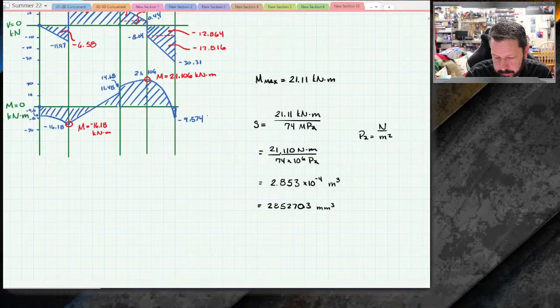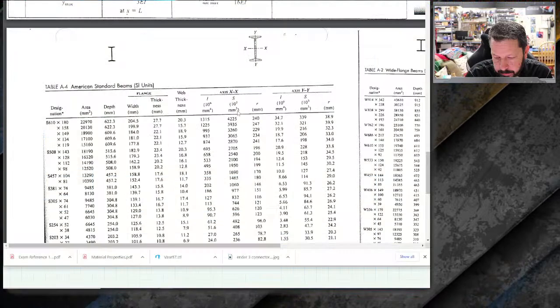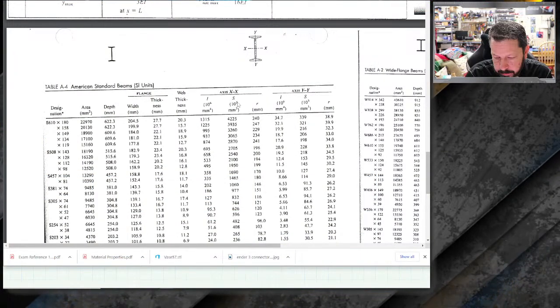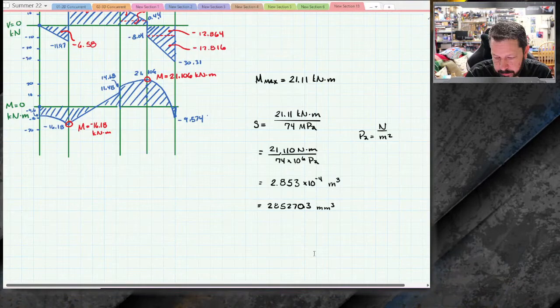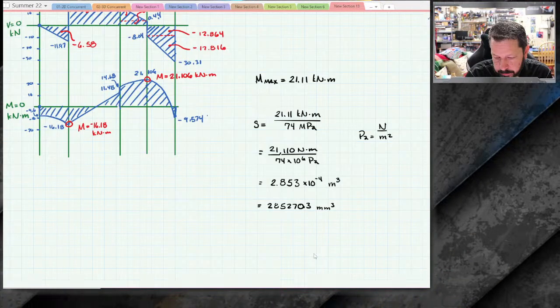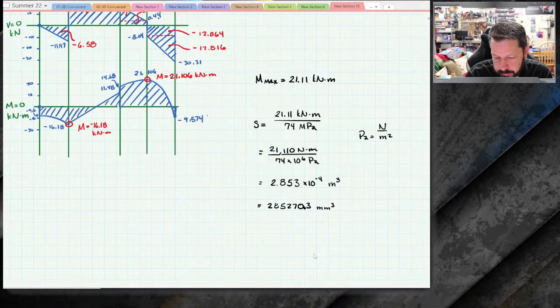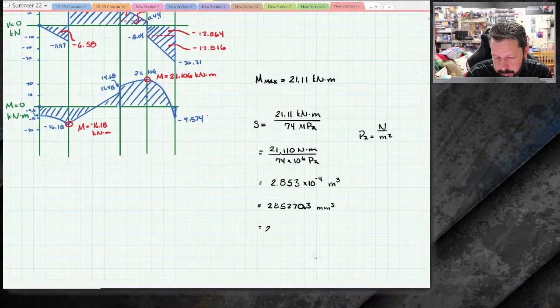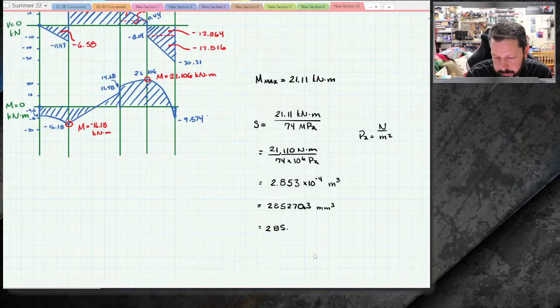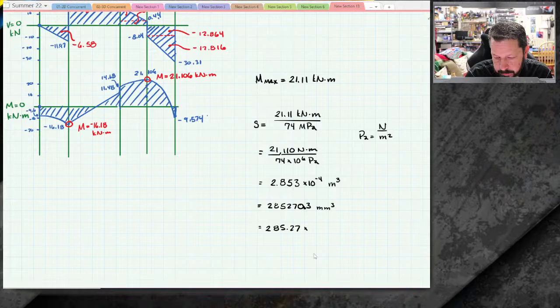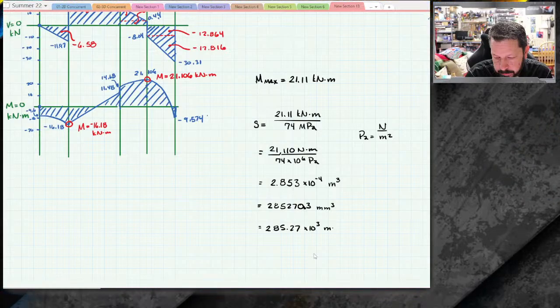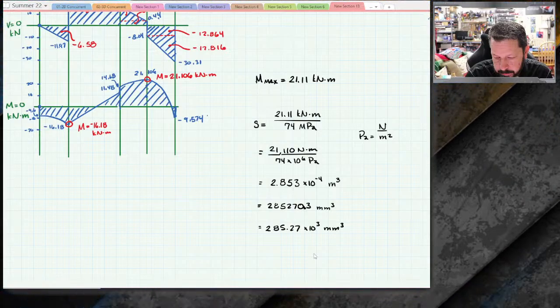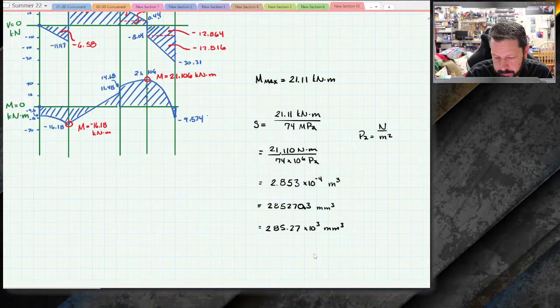That's not quite what they have here, though. They have millimeters cubed, but they have 10 to the 3rd millimeters cubed. So this number would be 285.27 times 10 to the 3rd millimeters cubed. So it's the 285 number that I'm looking for.